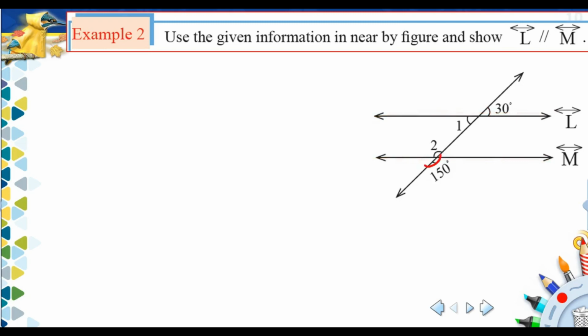This angle is 150 degrees. This is angle 1, this is angle 2.